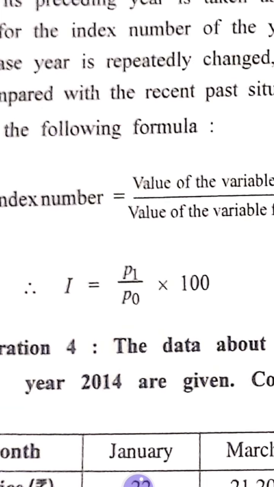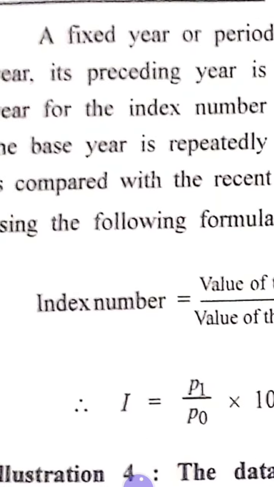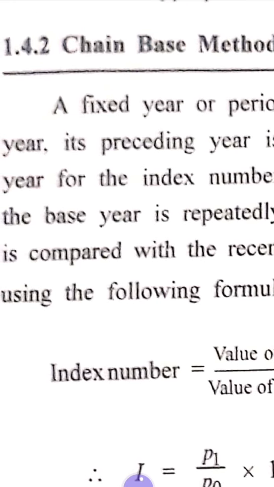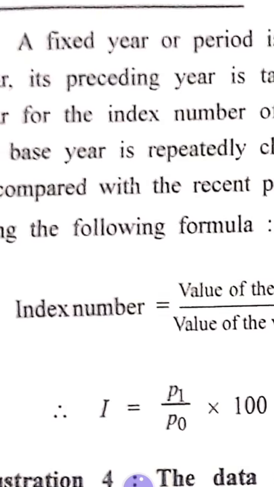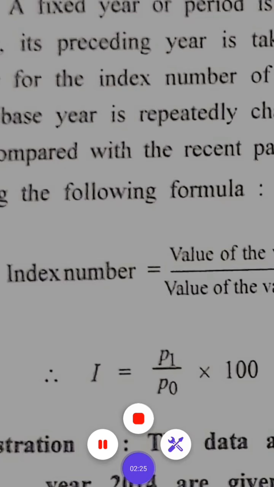P1 is again the price of the variable of the current year. P0 over here is not the price of the base year, but it is of the previous year, right? You multiply it by 100, you get the index number by your chain based method. That is what the chain based method is, right, children?